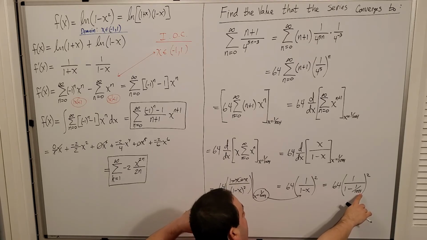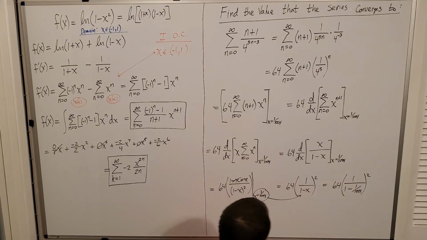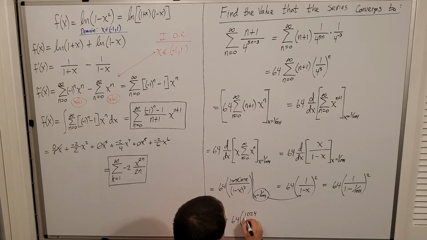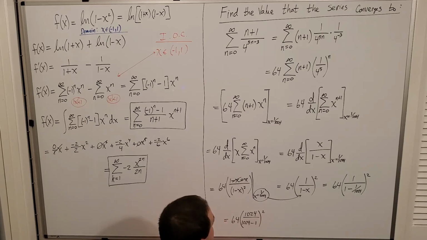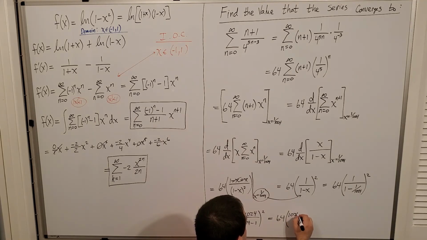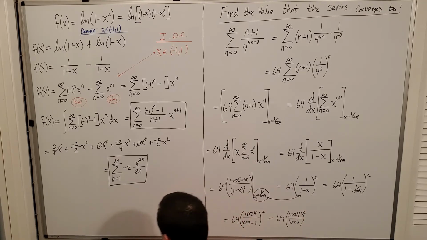If I multiply everything by 1024, I get 1024 over 1024 minus 1, and that's all squared. So that's 64 times 1024 over 1023 quantity squared.